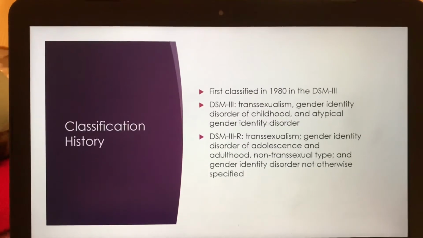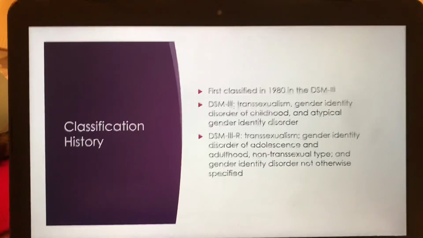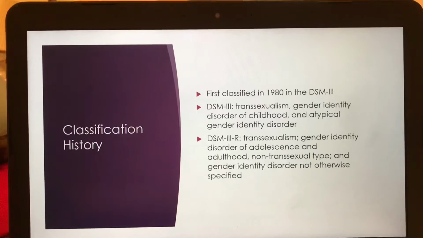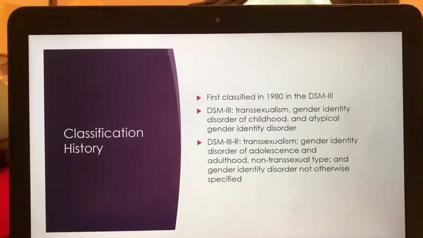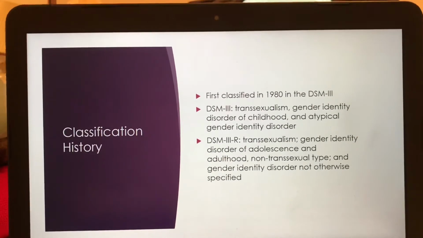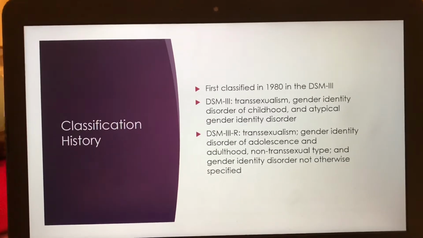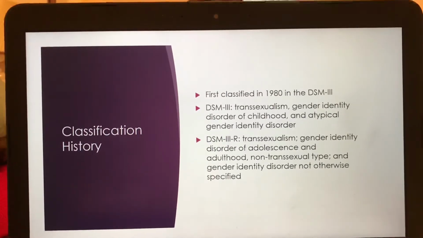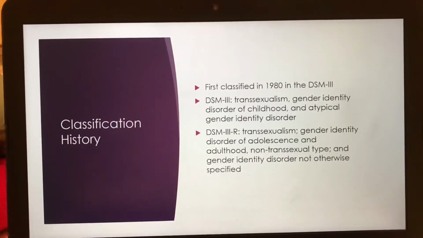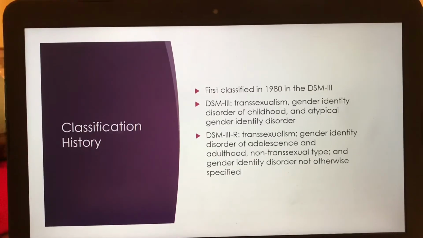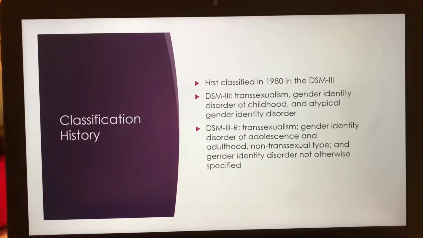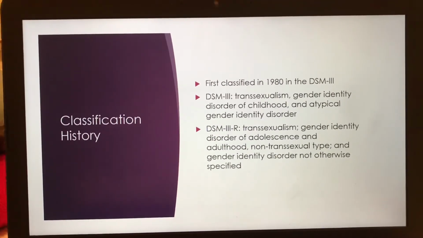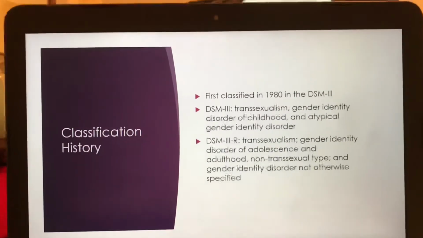Now, the main difference between transsexualism and gender identity disorder of adolescence and adulthood, non-transsexual type, was that individuals diagnosed with transsexualism had a desire to also medically transition and use surgery to identify as the opposite sex, while those with the latter did not have a desire to transition using surgery and only identified with the opposite sex.